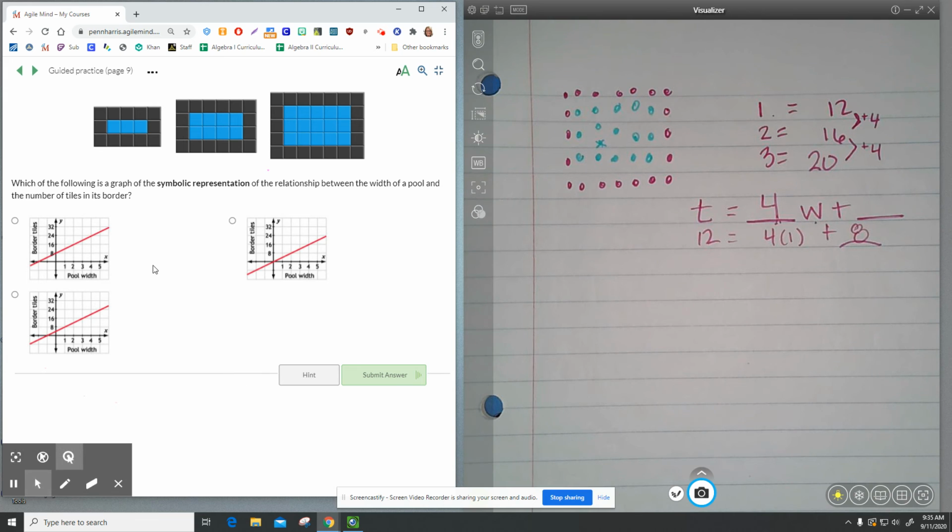Okay, so on this one, again, 1 tile gave me 12 total tiles. So 1, that only takes it to 8. 1, that takes it to under 8. And over here, 1 takes it to between 8 and 16, which should be 12. So I'm going to choose this one.